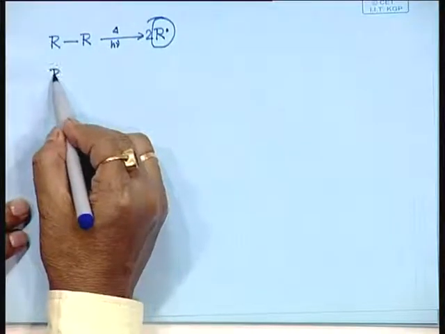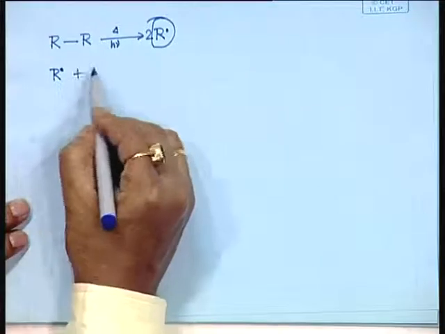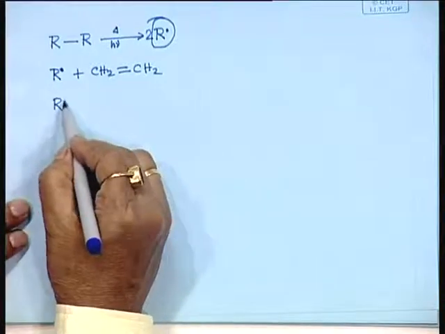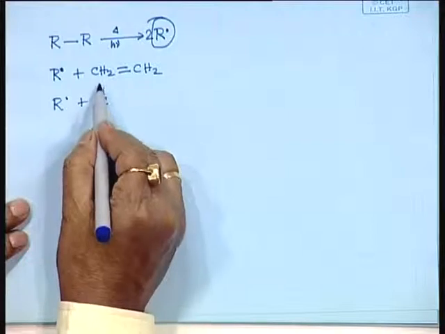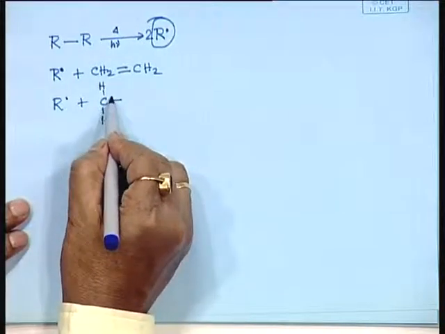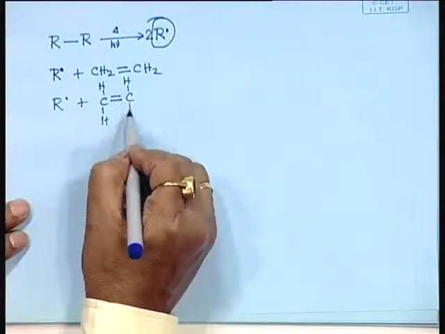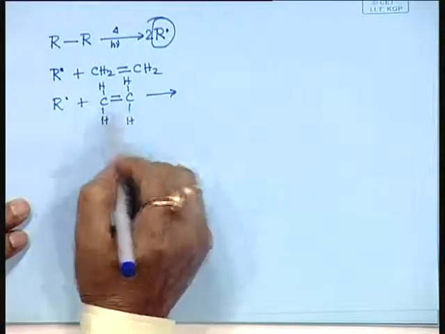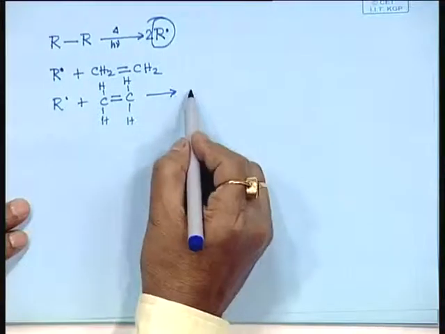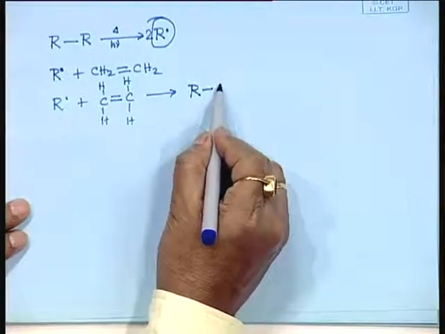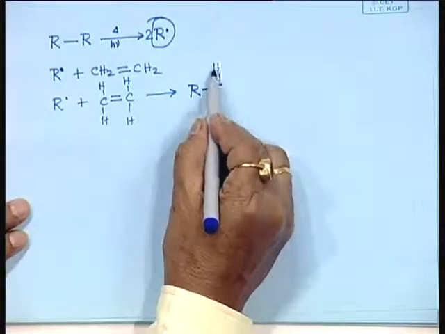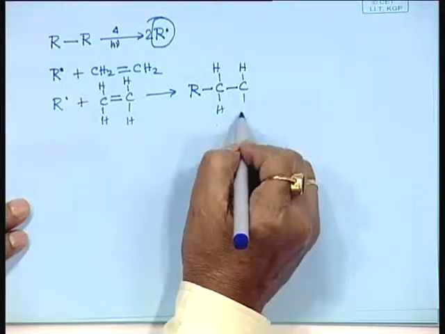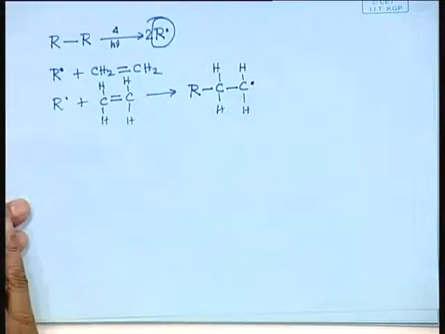Now, if that radical comes in contact with a monomer like this, or you can visualize this way, what will happen? That will initiate to open this pi bond, forming a bond with this monomer molecule, leaving behind a free radical at the end of this carbon.